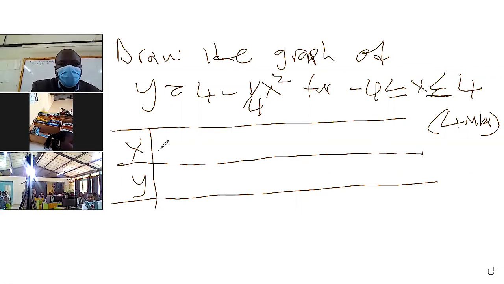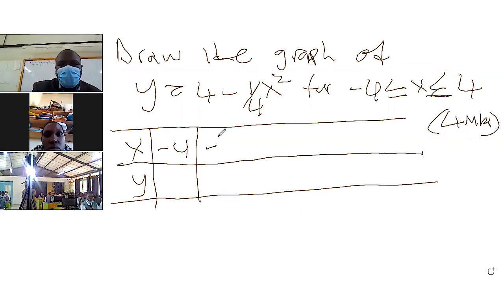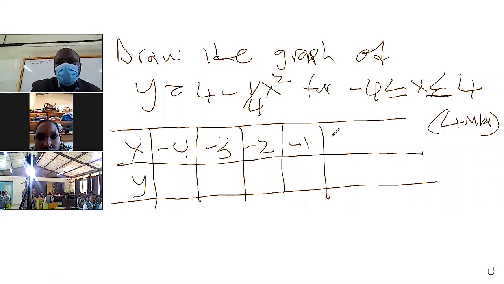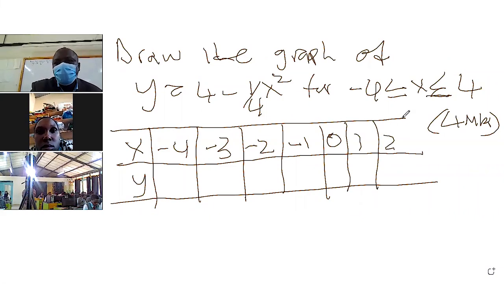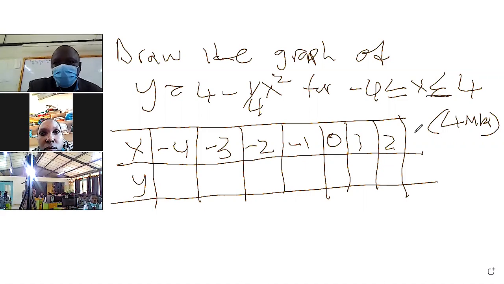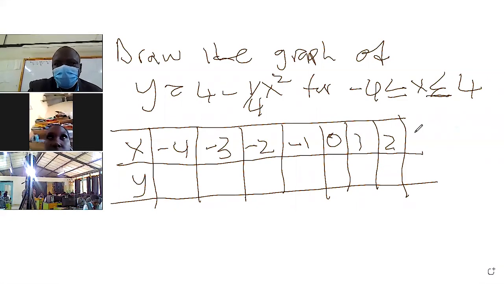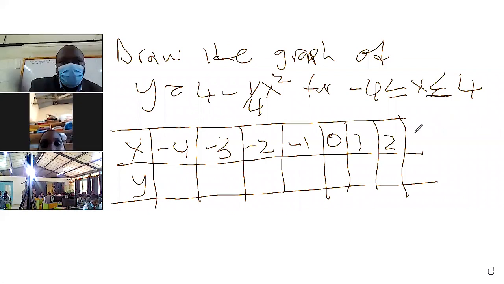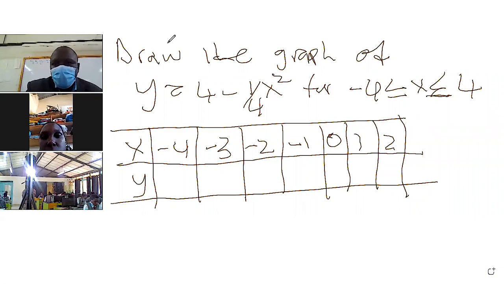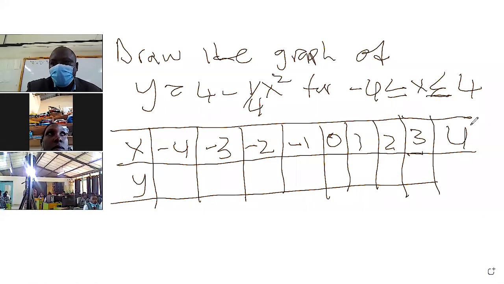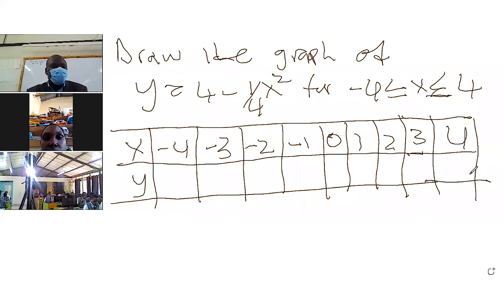So we start from -4, -3, -2, -1, 0, 1, 2, 3, and 4. So you work out these values.